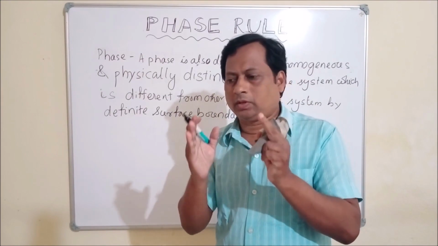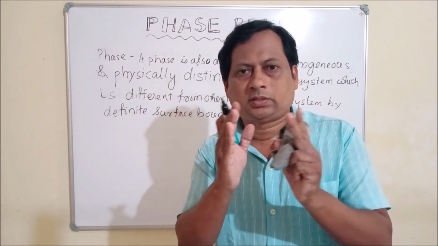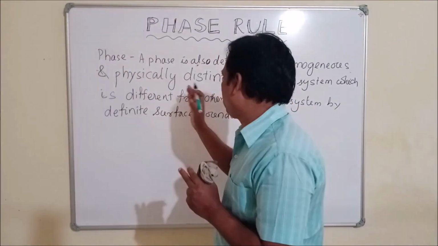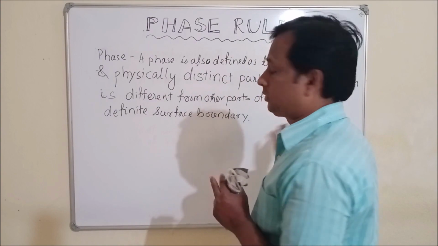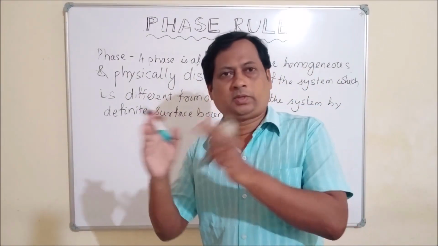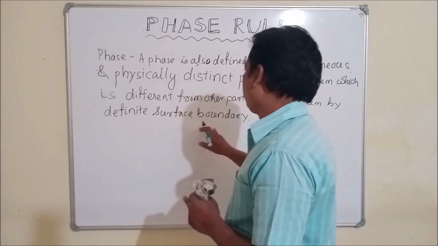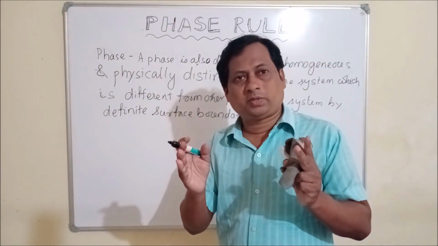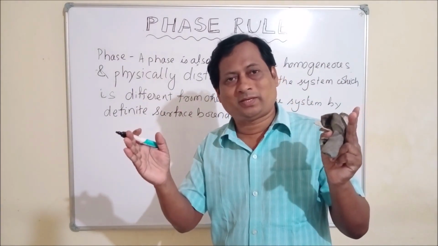Physically you can see the phase, different phases can be seen differently. So एक phase दूसरे phase से अलग है, different parts of the system by definite surface boundary. उनके बीच में एक surface boundary भी है.